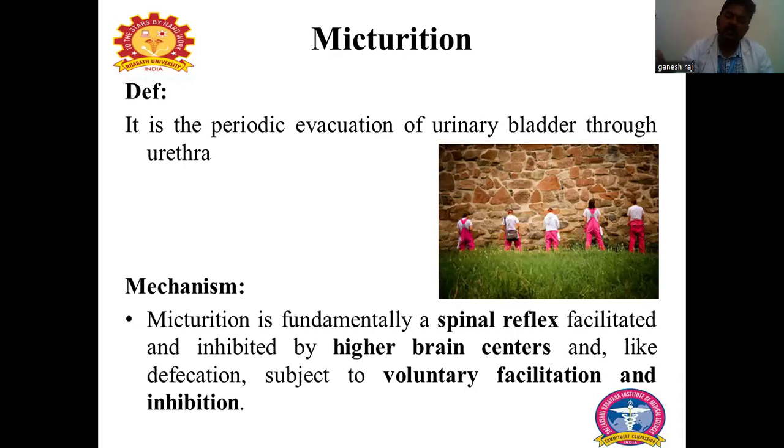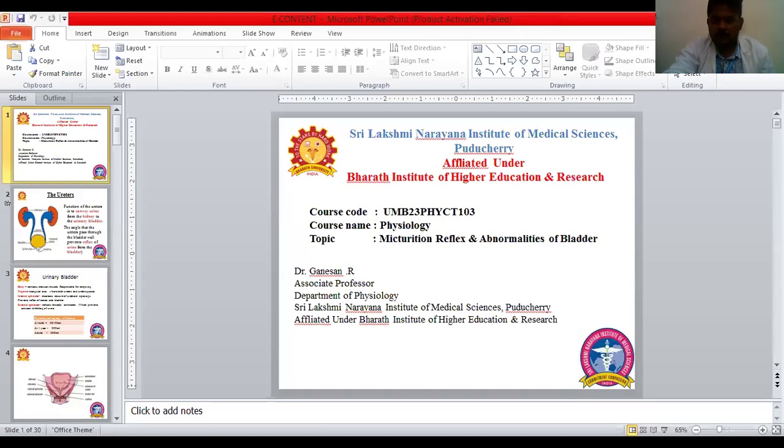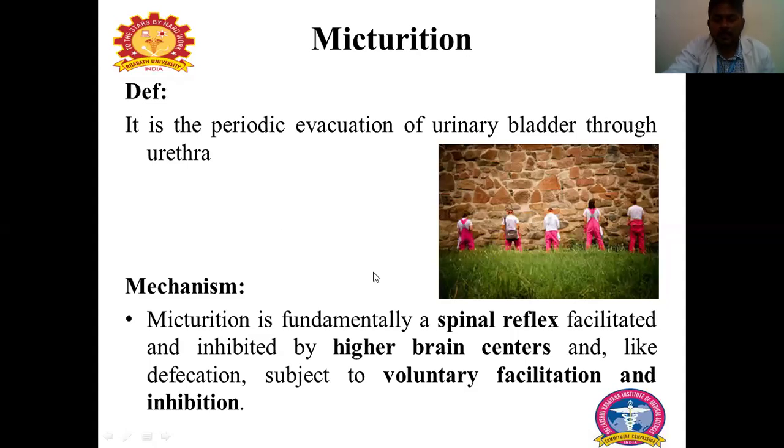The center for micturition is the spinal cord only, but it can be facilitated or inhibited by your higher brain centers.